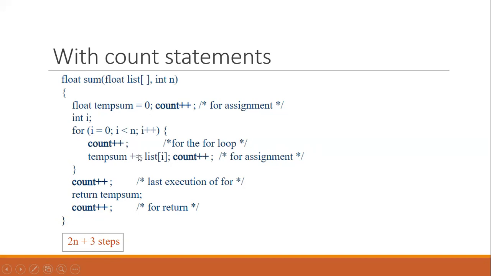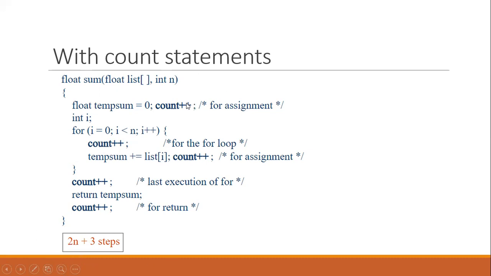If we analyze these steps, inside the for loop, there are 2 steps. Each of the steps executes n times. So the total number of steps required by the for loop is 2n.